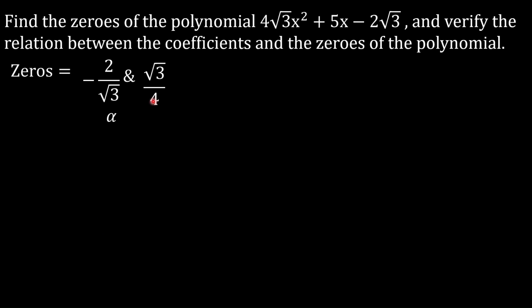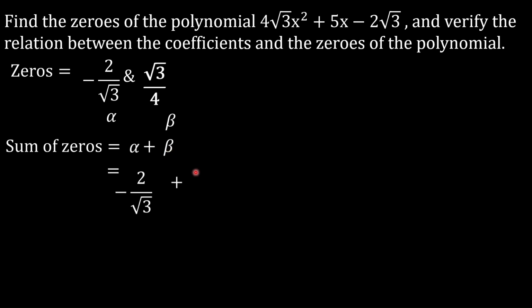Let us assume one zero as alpha and another as beta. Now we need to find the sum of zeros, that is alpha plus beta. Substituting the values of alpha and beta, we get minus 2 by root 3 plus root 3 by 4. Since these are fractions, we need to take the LCM. The denominators are root 3 and 4 and they don't have a common factor.